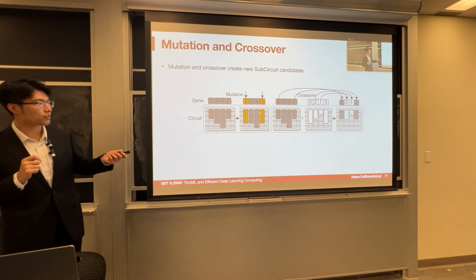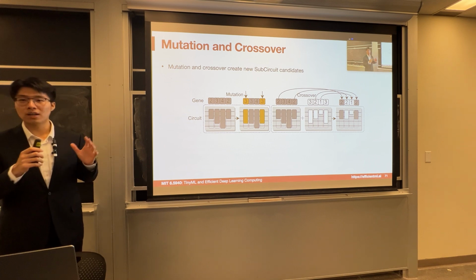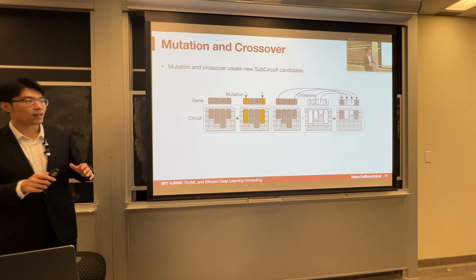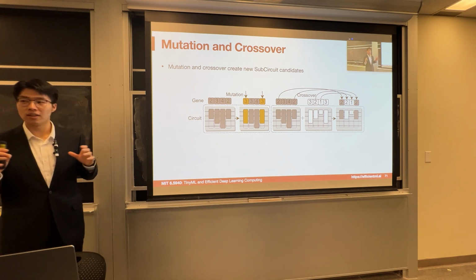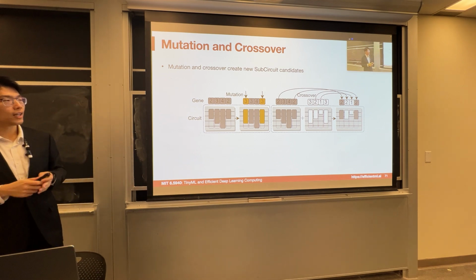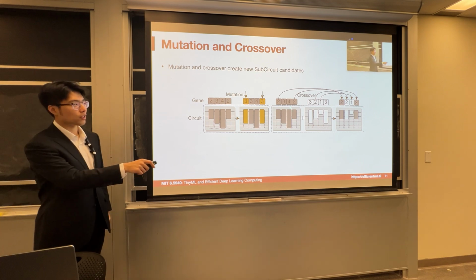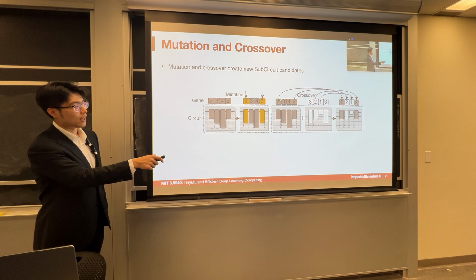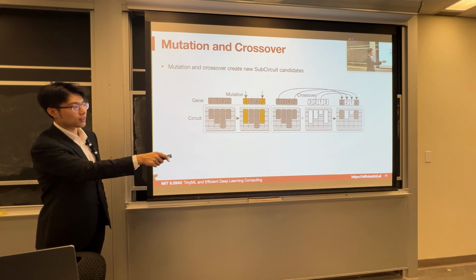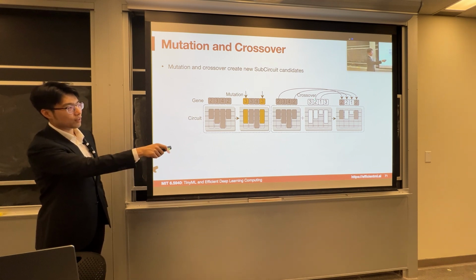So we can change the first to 3. We can also do crossover, which means say we have parent candidates in the population, and we want to generate more child candidates. We can take some genes from the first parent and some from the second parent, and create a new one as the child of those 2.